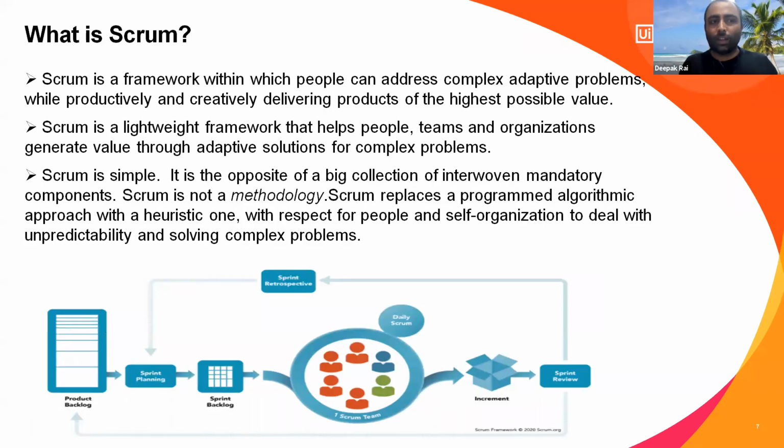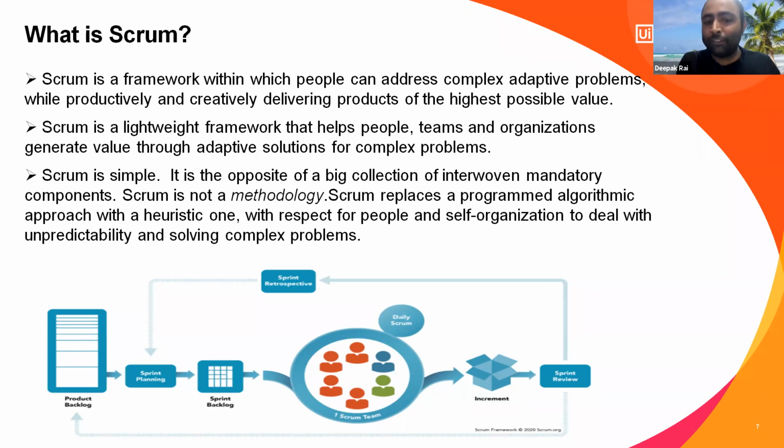So coming down to Scrum: it is a framework within which people can address complex adaptive problems while productively and creatively delivering products of the highest possible value. Compared to Kanban, Scrum is more familiar to users because it follows different terminologies.